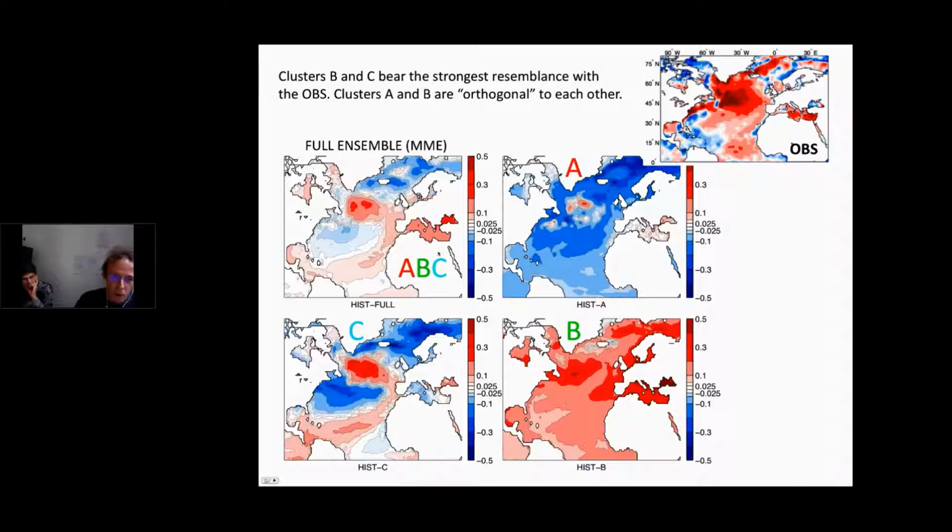And if you include all of them, A, B, C, which is in the upper left panel, you'll see what happens if you do a multi-model average, which is, again, not doing a bad job at all, but you can tell that this good job is actually due to the contribution of patterns B and C, whereas pattern A turns out to be a complete failure.